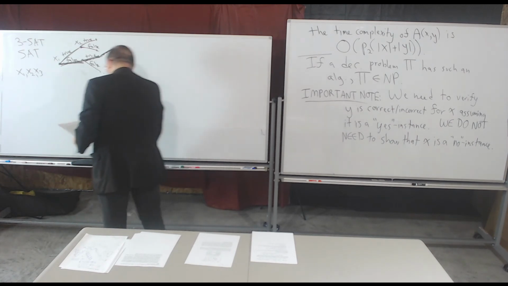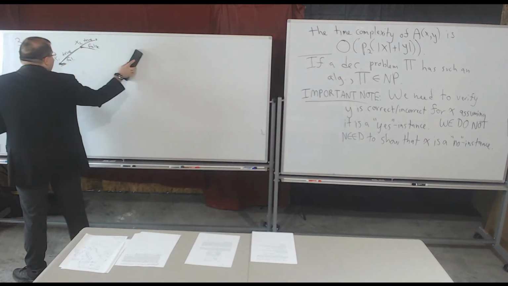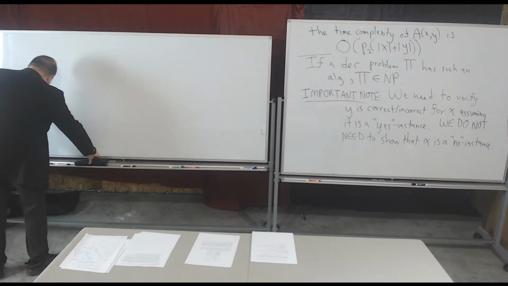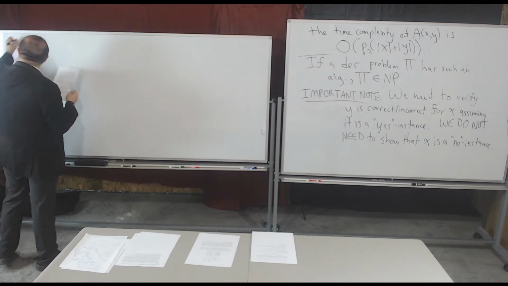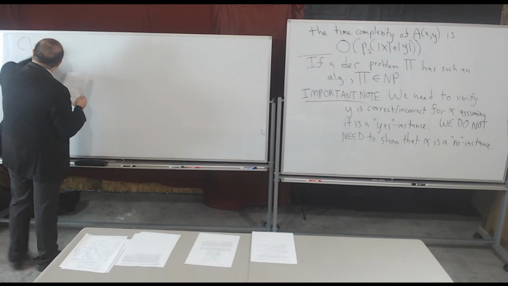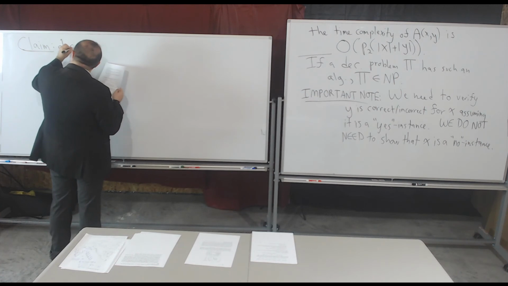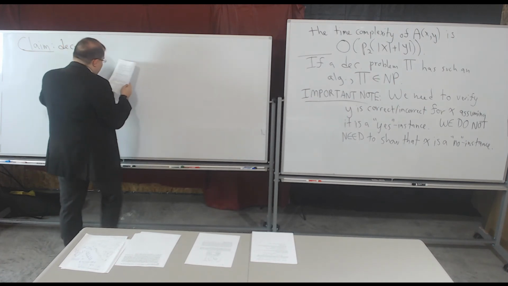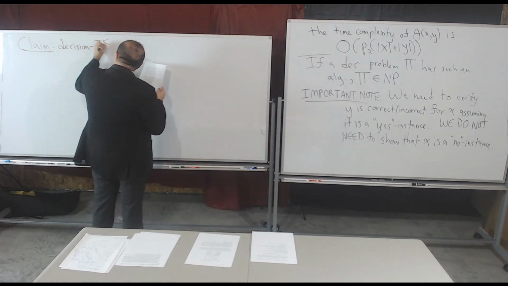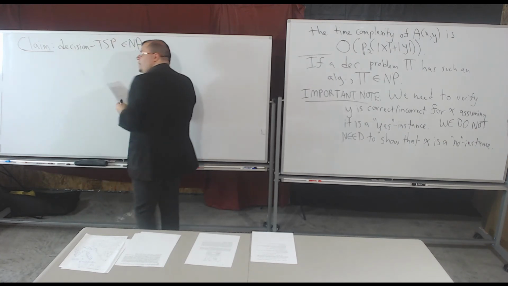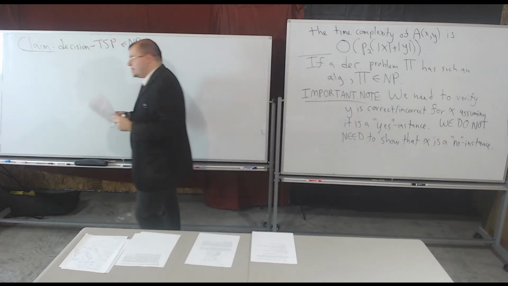I apologize for going a little longer here, but I want to give you one more thing today. I want to prove that our decision version of TSP is in NP. So the claim is that decision TSP is in NP. Our job is to give a verification algorithm that runs in polynomial time.